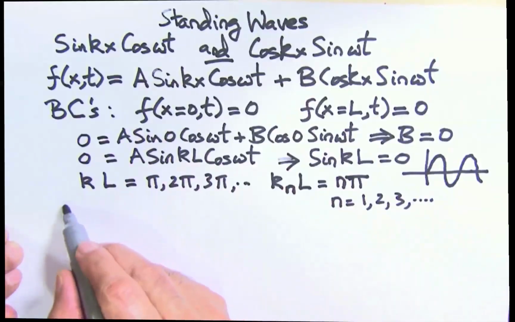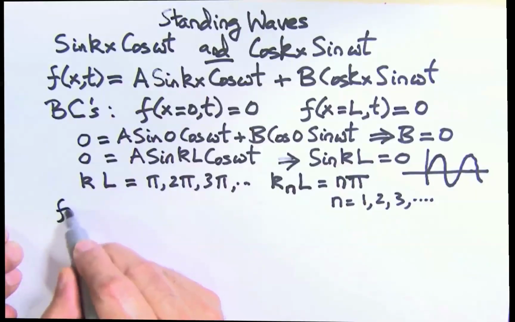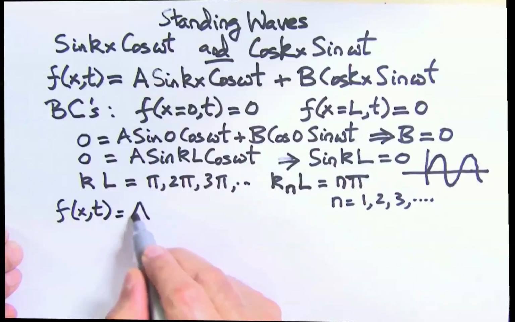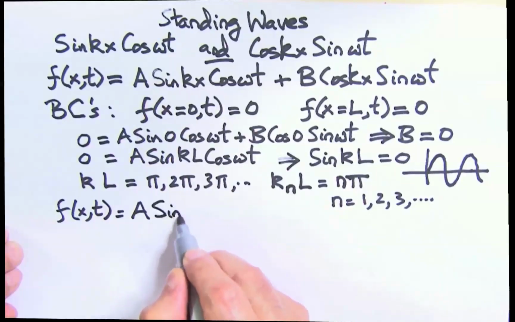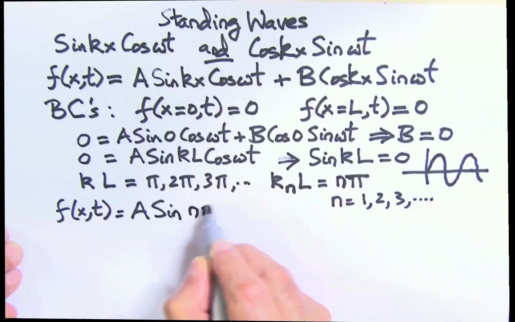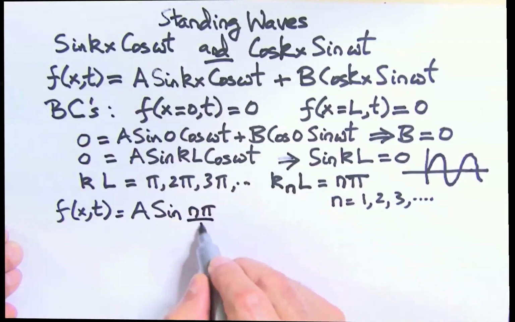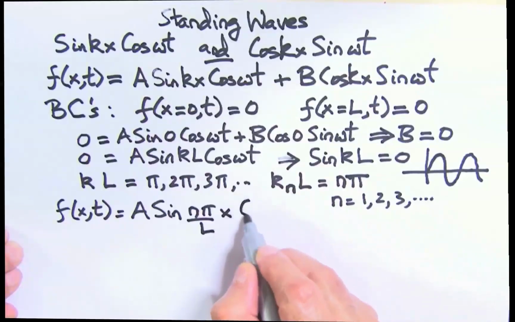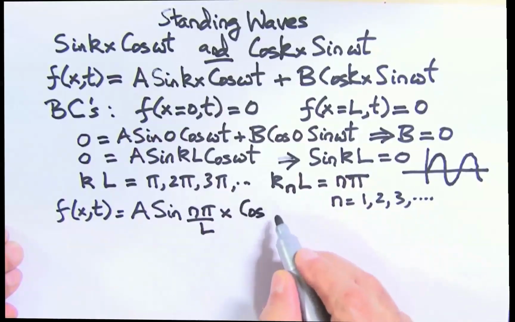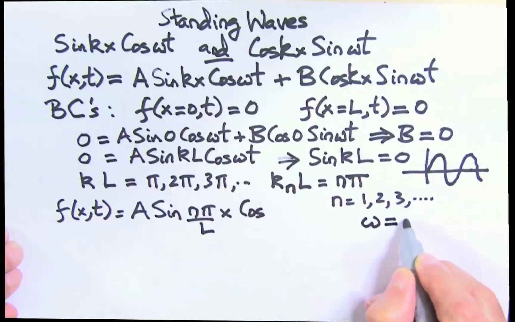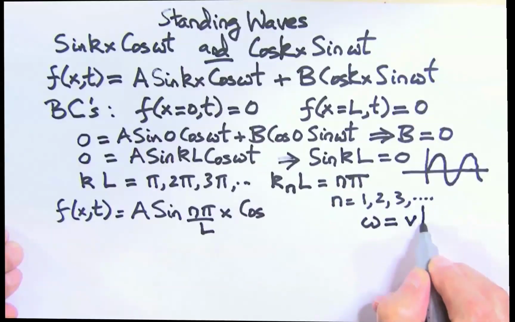Which means that we now have a solution which is that f of x, t is some amplitude A times sine of k_n, which is n pi over L, times x. And of course, there's the cosine of omega t. But you remember that omega is equal to v times k.